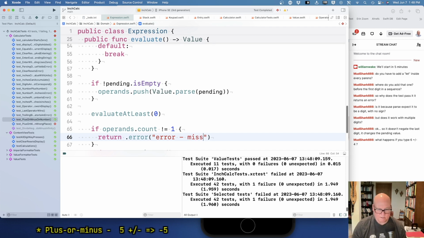Is it missing? Operators missing between values. Maybe that's the right way to say it.